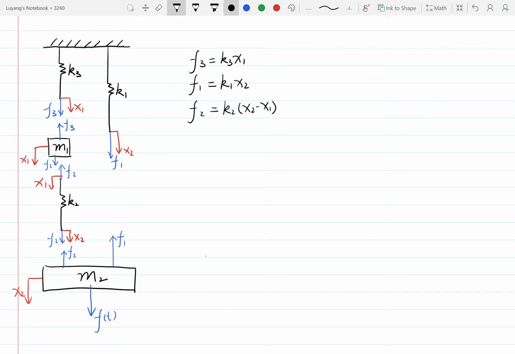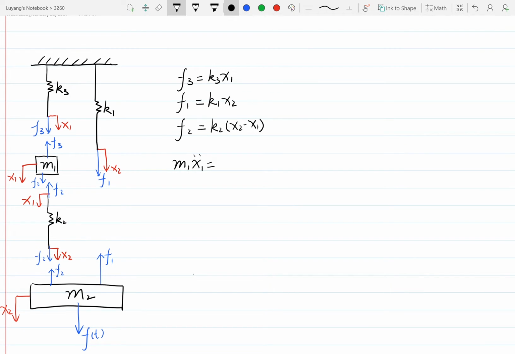Okay, so for the smaller block M1, we can write the equation according to Newton's second law. M1 times x1 double dot equals F2 minus F3.